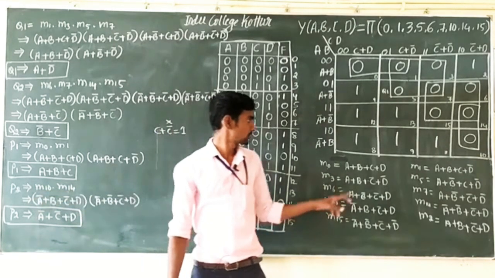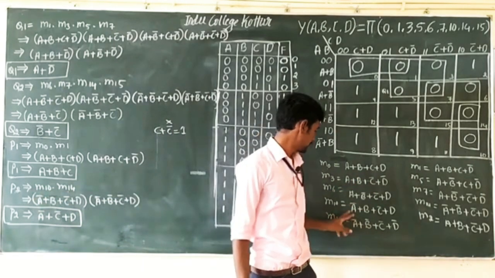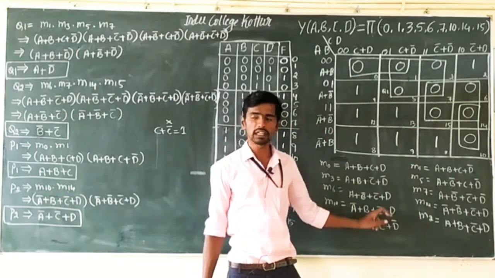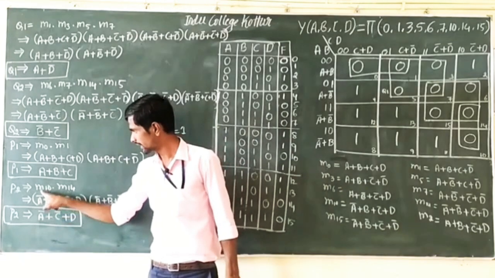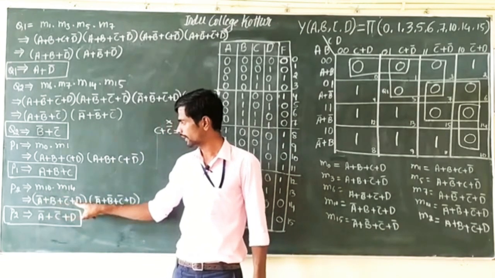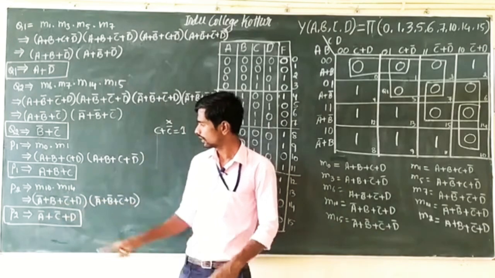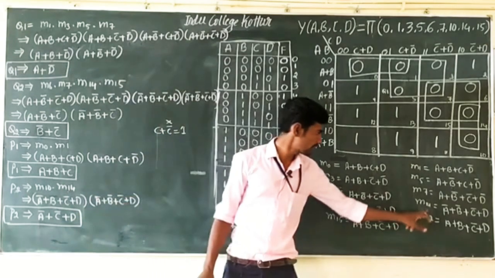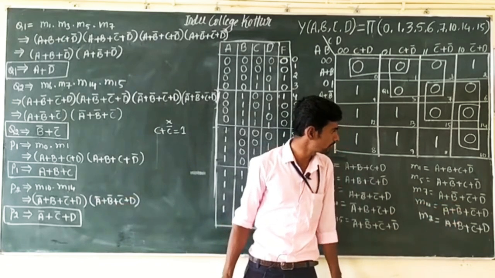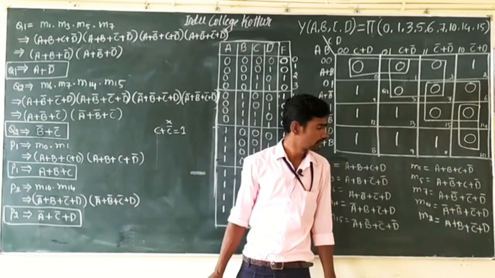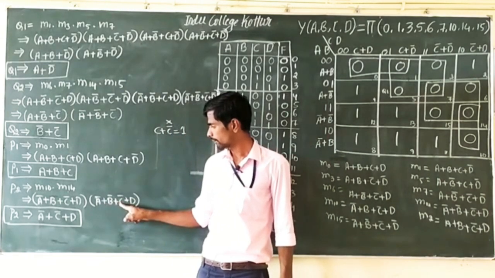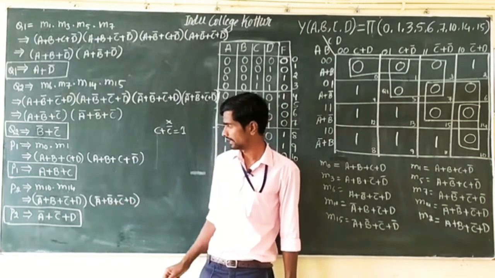M10 values, here is M10, A complement plus B plus C complement plus D, we can write here A complement plus B plus C complement plus D. Next M14 values, here is M14, A complement plus B complement plus C complement plus D, here we can write A complement plus B complement plus C complement plus D.